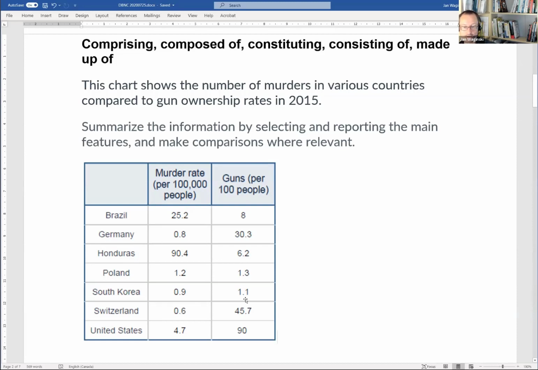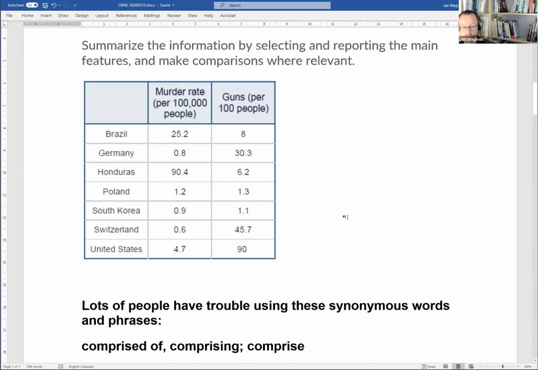And then the second column shows guns per 100 people with a high of 90 in the United States and a low of 1.1 in South Korea. So let's just look at a couple sample sentences for this graph.